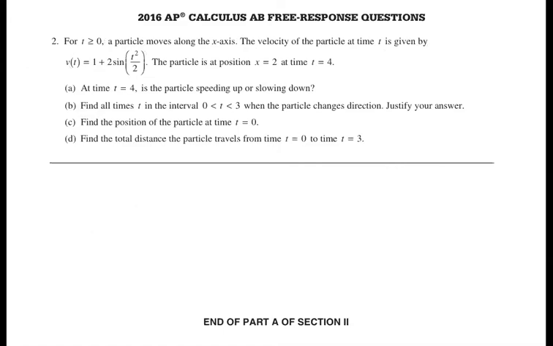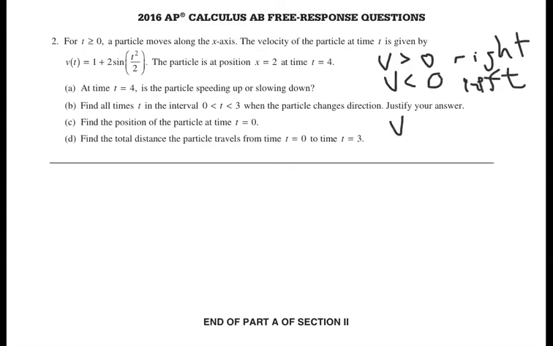Part B says find all times from 0 to 3 when the particle changes direction. I just said a minute ago, when the velocity is greater than 0, it's going right. When the velocity is less than 0, the particle is moving left. And when the velocity equals 0, the particle is stopped.